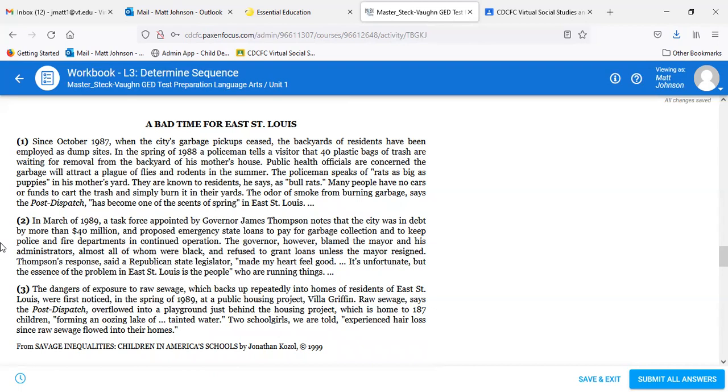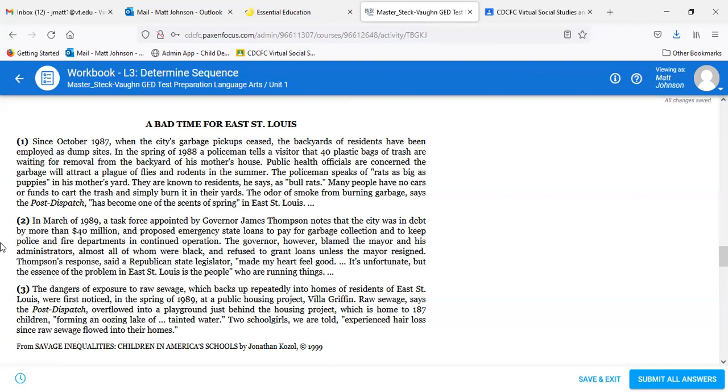The dangers of exposure to raw sewage, which backs up repeatedly into homes of residents of East St. Louis, were first noticed in the spring of 1989 at a public housing project, Villa Griffin.